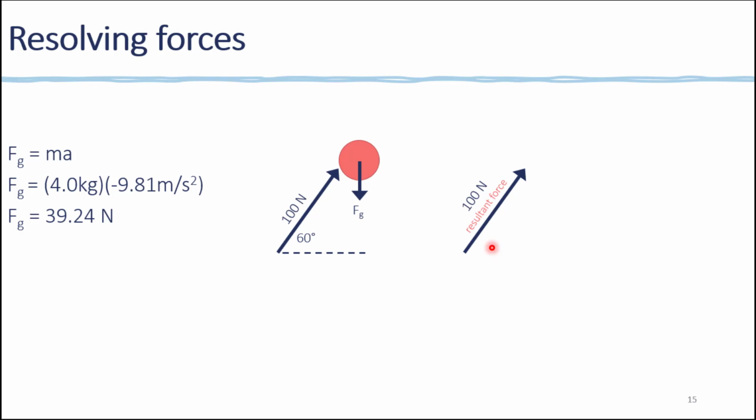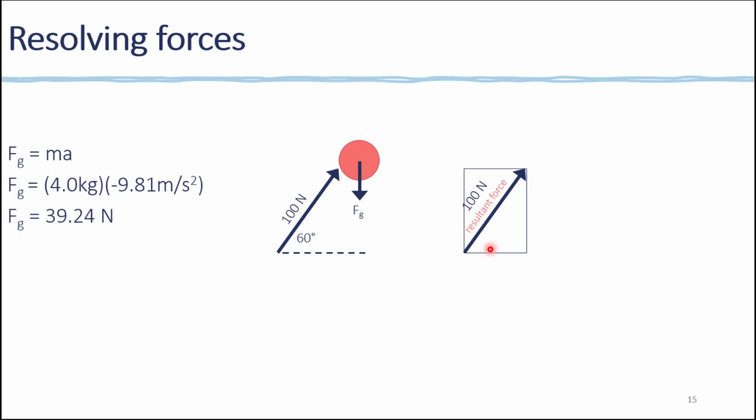So we know what the resultant force is, but we want to know what horizontal and vertical forces can be added together to produce this resultant. And the easiest way to do this is to draw a box around the 100 newton force so that the sides of the box align vertically or horizontally, and so that the 100 newton force runs diagonally through that box from corner to corner.